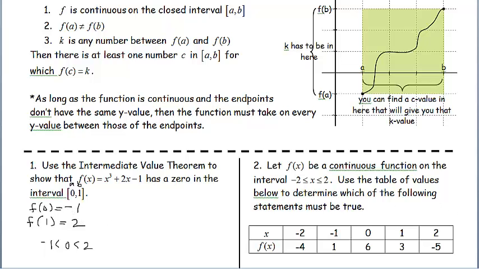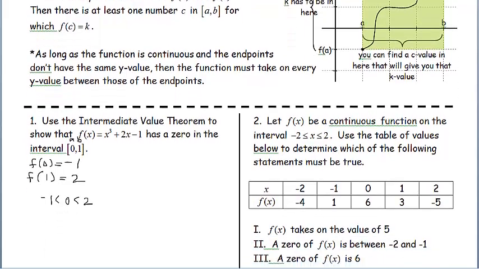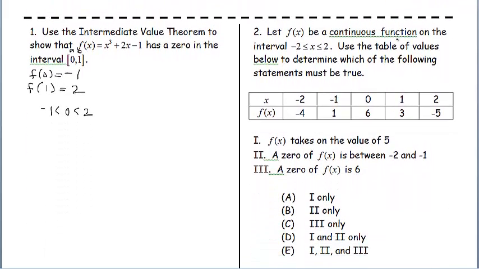All right, let's look at number 2 with the data table. We've got a continuous function on the interval -2 to 2. We're going to use the table to determine which of the following statements must be true. Does this function take on the value of 5? You might want to notice what the smallest y value is and the greatest y value.